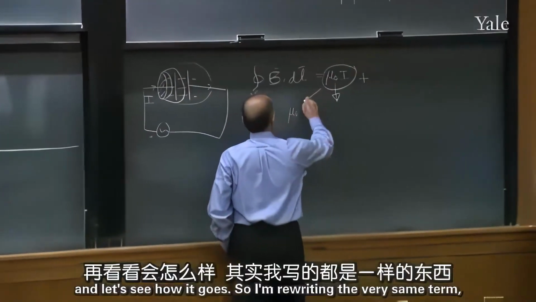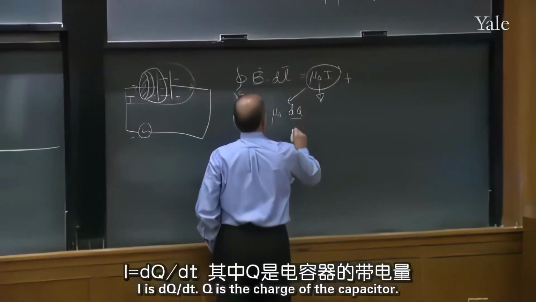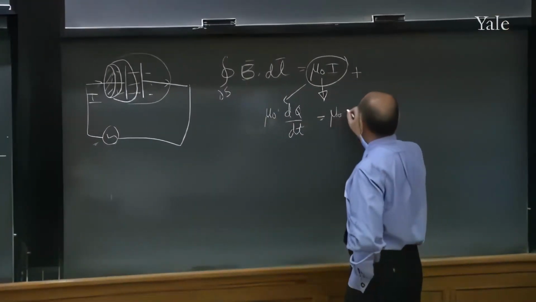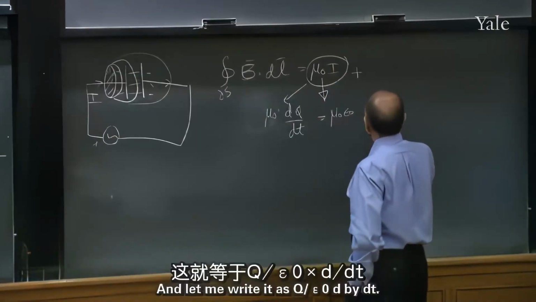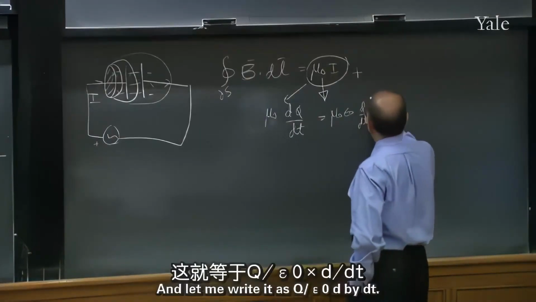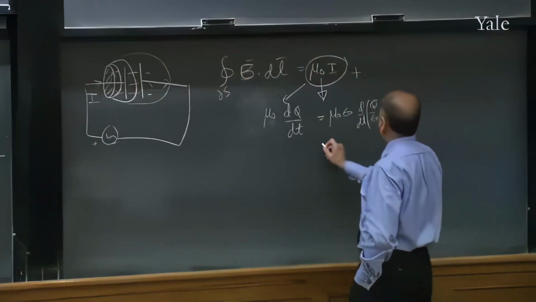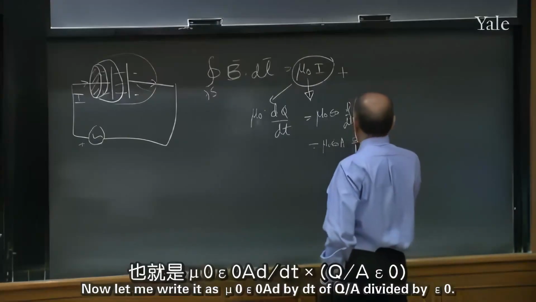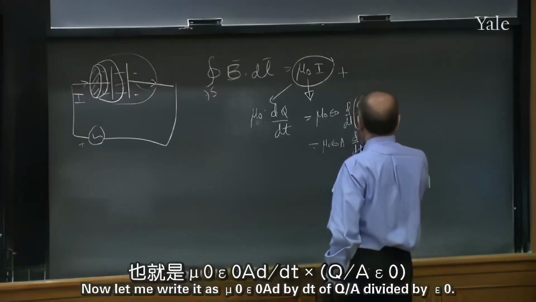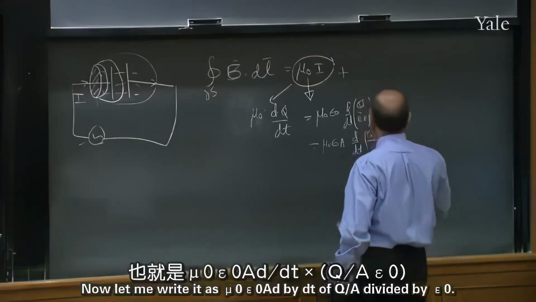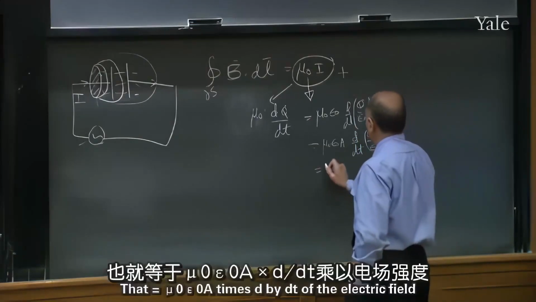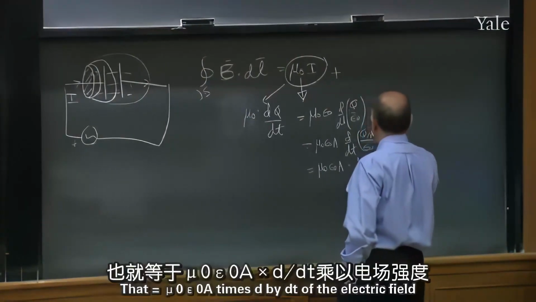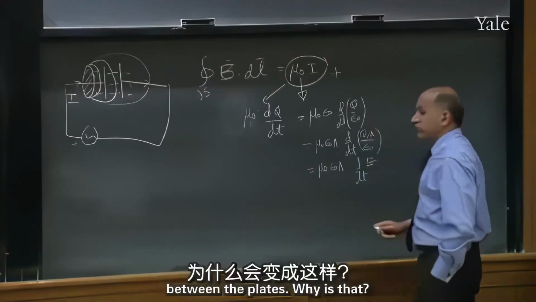So I'm rewriting the very same term. I is dq dt. Q is the charge in the capacitor. And let me write it as q over epsilon 0 d by dt, and let me write it as mu 0 epsilon 0 A d by dt of q over A divided by epsilon 0. That is equal to mu 0 epsilon 0 A times d by dt of the electric field between the plates.